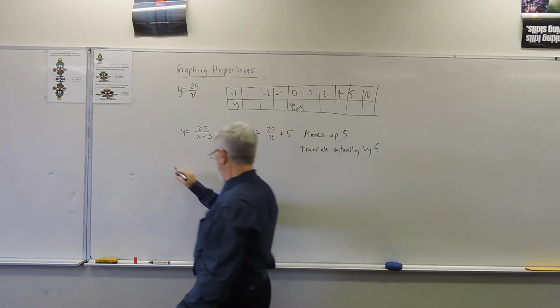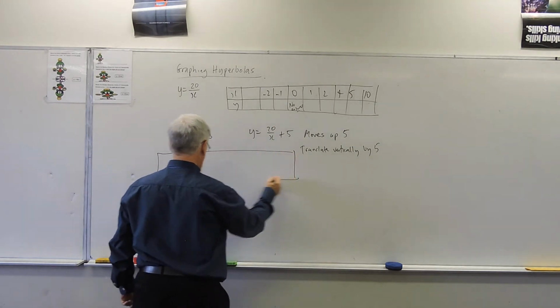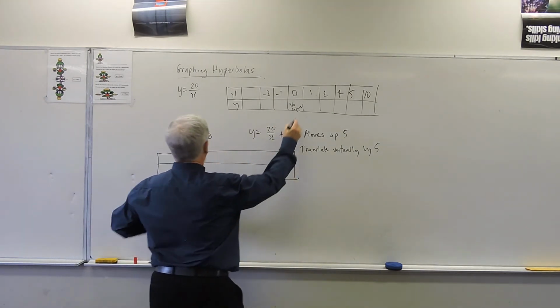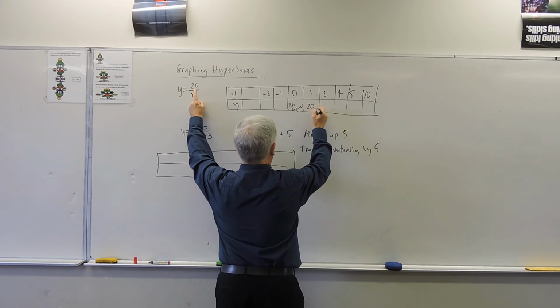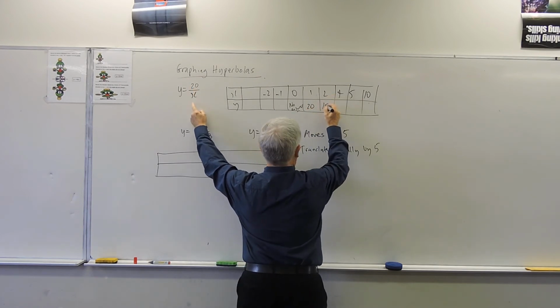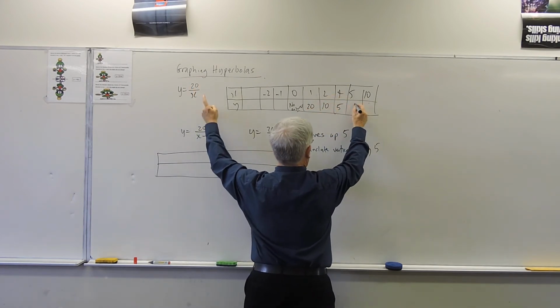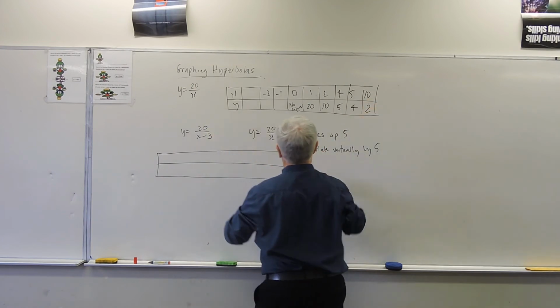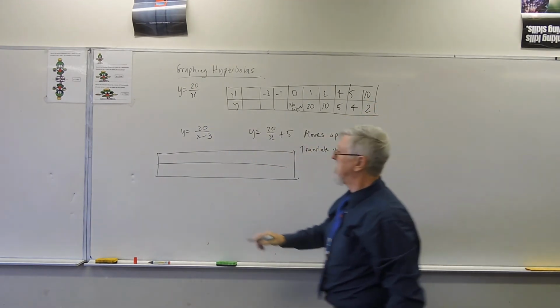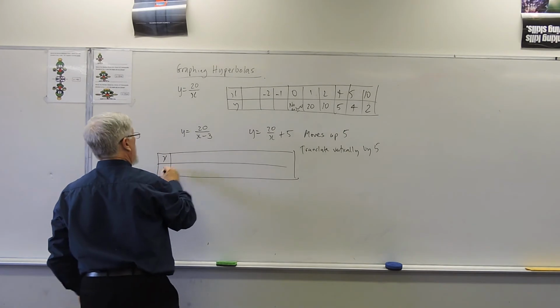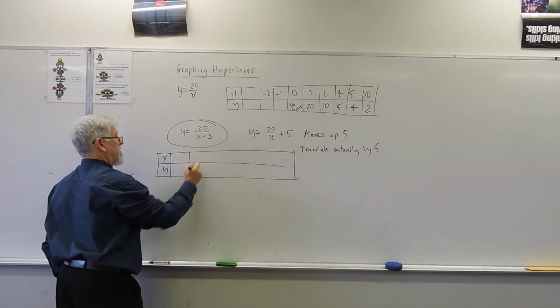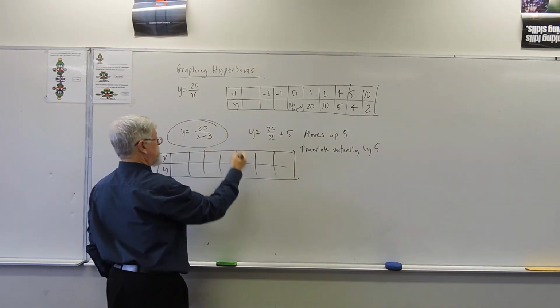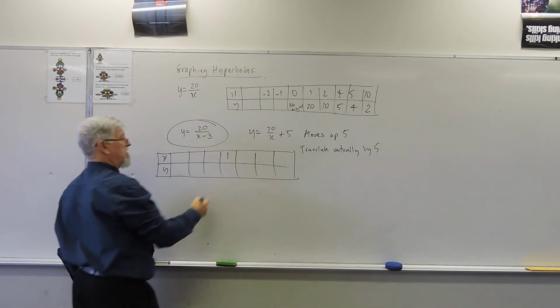So ready? Let's do a table. Let's see what we get. So what did the original table have? The 1 was a 20, the 2 was a 10, the 4 was a 5, that was a 4, and the 10 was a 2. Let's forget about the negatives. I've got an x and a y, and I'm using this one. Let's put in a 1.